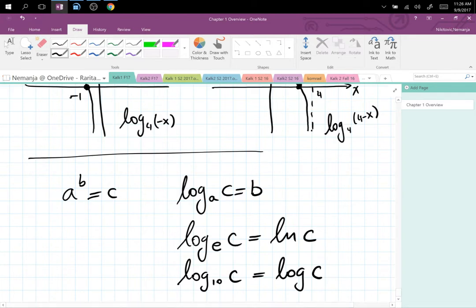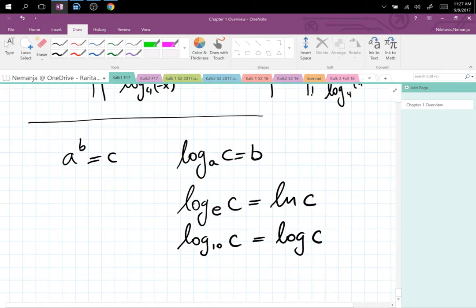Those are the 2 most used bases, e and 10, in science and bio and finance and so on. So in most of our applications, 99.8%, are assigned to these 2 bases, where e is obviously bigger. So those are the 2.